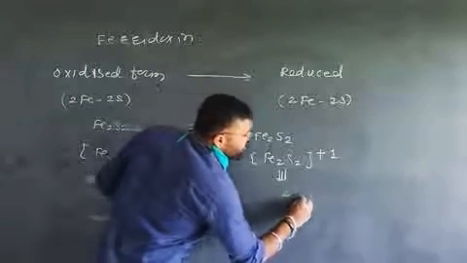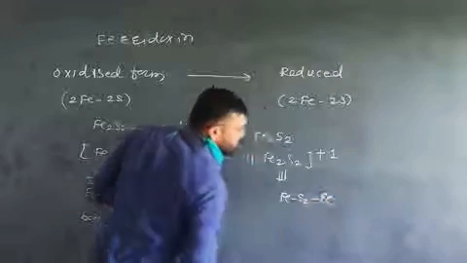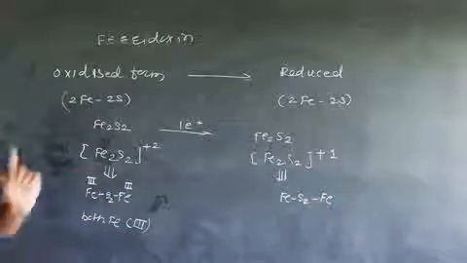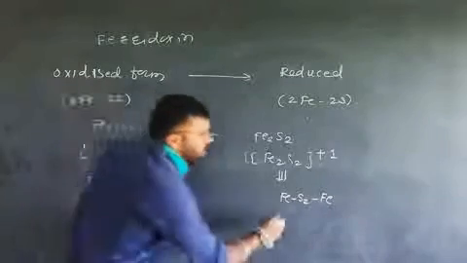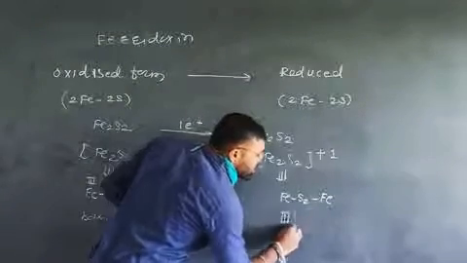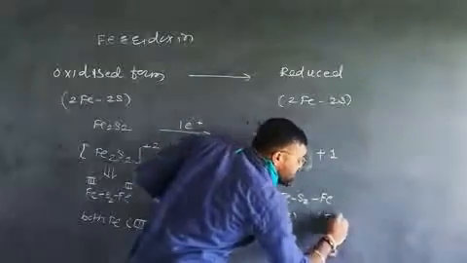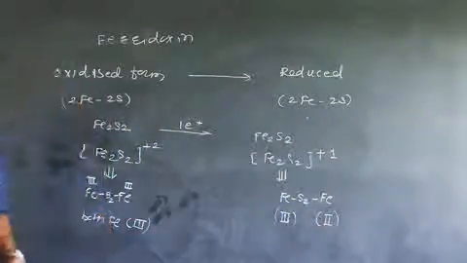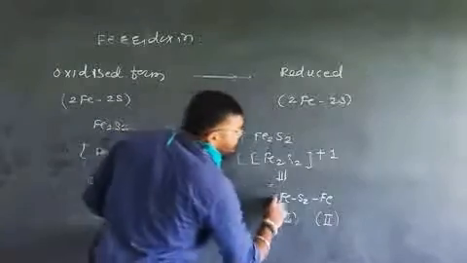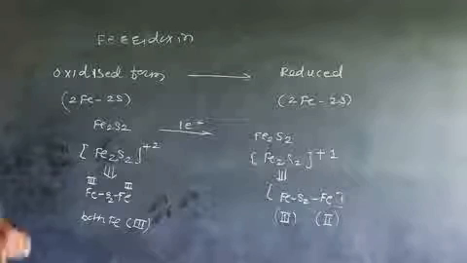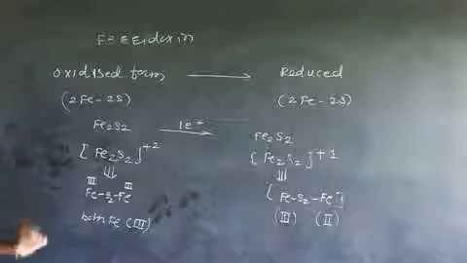The two Fe are linked by this sulfur, right? Because of gaining one electron, one Fe remains as it is in the +3 oxidation state, but the second Fe is converted into the +2 oxidation state. That means the oxidation state changes from +3 to +2 because of the gain of one electron.